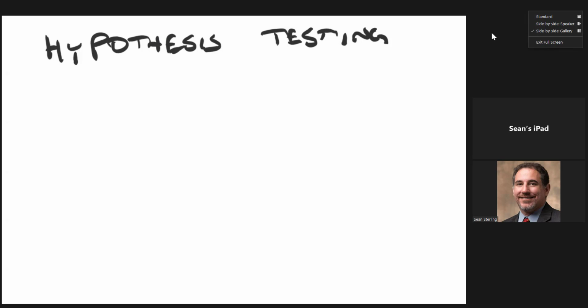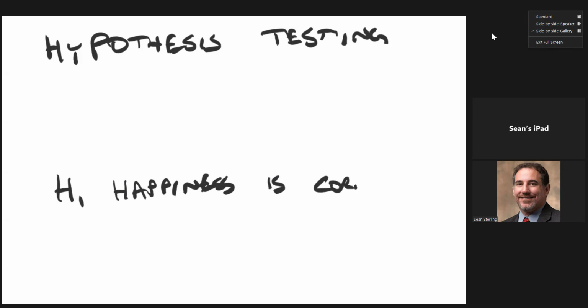Then that would be our alternate hypothesis: happiness is correlated with attractiveness.